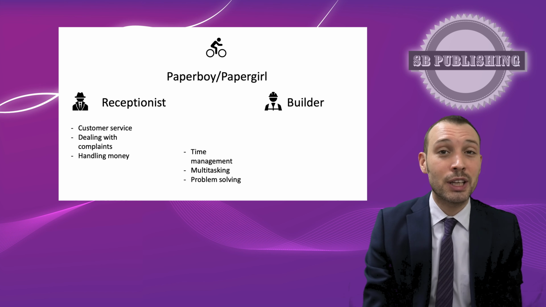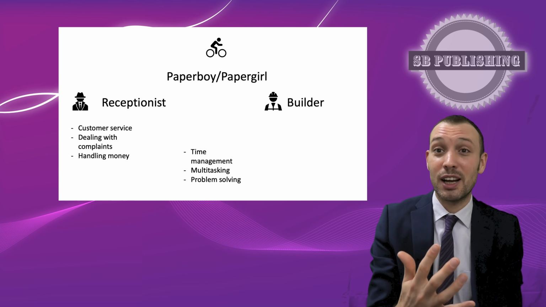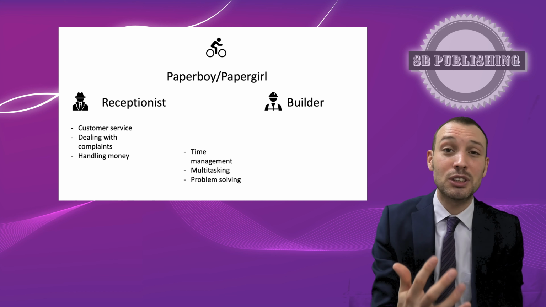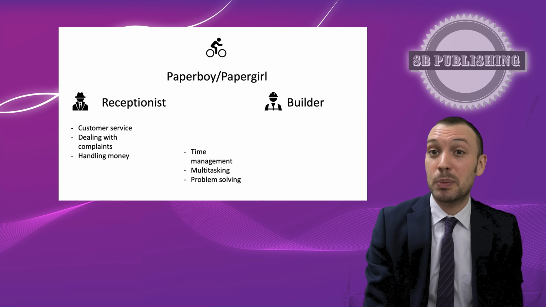As a receptionist, you're going to be facing the public all the time. You're the first point of contact for many of the people interacting with this business. And if you're delivering newspapers, you have to deal with the customers when you see them in the morning. The demeanor you have, your attitude, that is a skill that can be transferred from one position to the next.